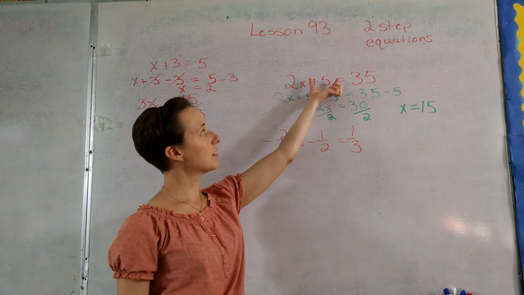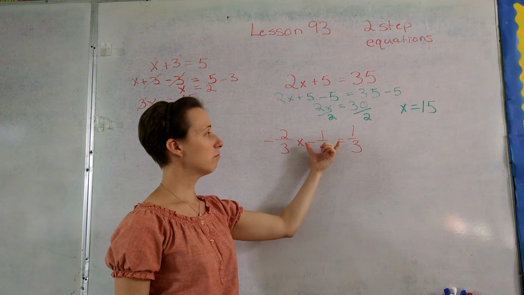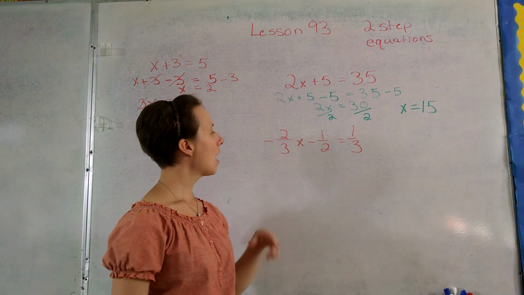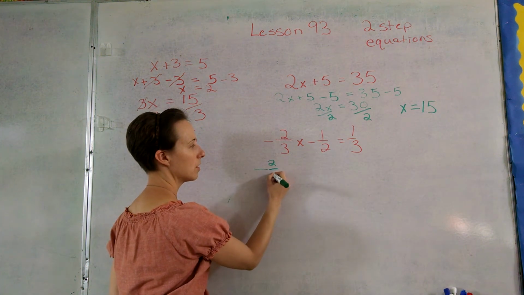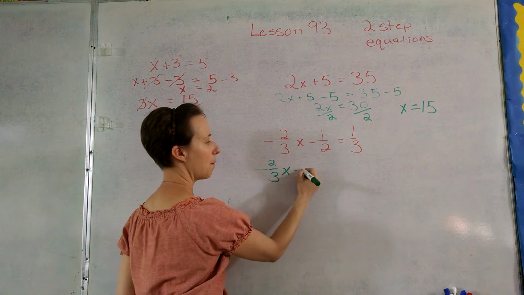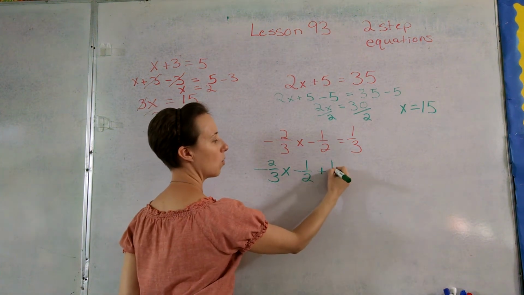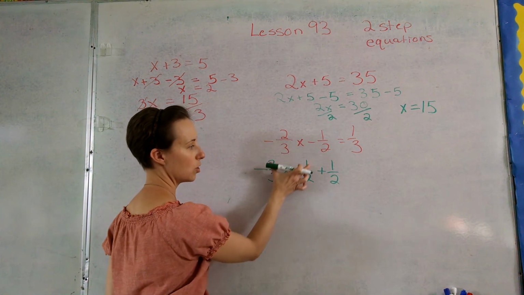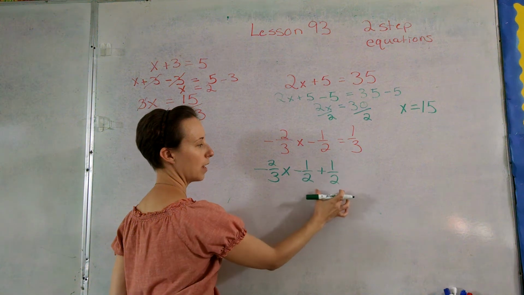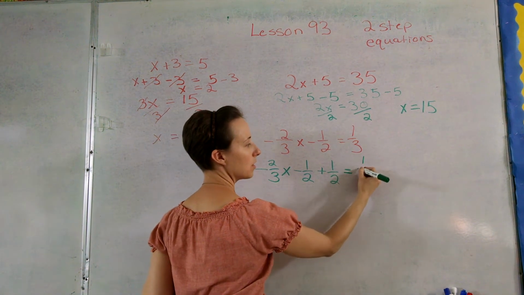I know that the opposite of addition is subtraction, so the opposite of subtraction is addition. Let's use that to help us. Rewrite your problem, negative 2/3 x minus 1/2. And now let's add our 1/2 so that these will cancel. Here's the original problem. Here's what I'm doing to help move my half to the other side. Equals 1/3.